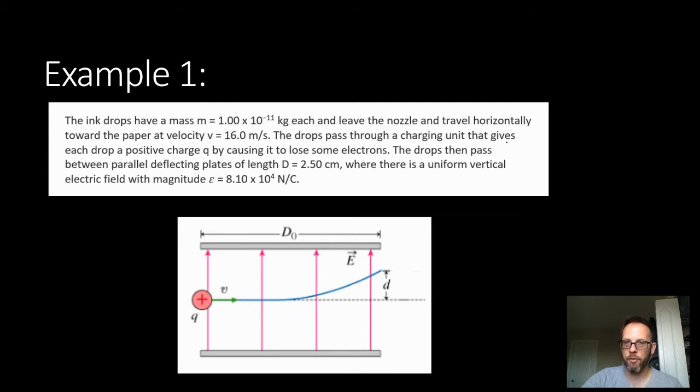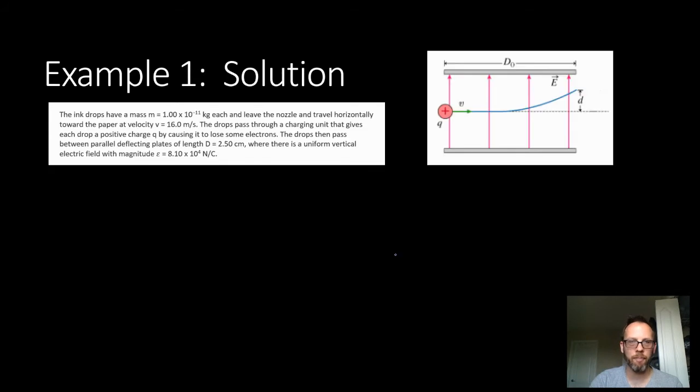It passes through this charging unit, this parallel plate, which causes it to lose some electrons, so it gains a charge, and now it's going to be deflected through these plates. We're given the magnitude of the electric field between the two plates, and with that we're going to determine the deflection.